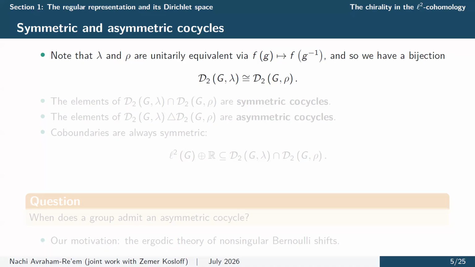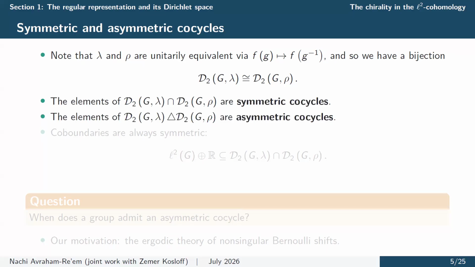Let me just say some new terminology. Let me call the elements which are both cocycles for the left and for the right symmetric cocycles. Either I translate them from the left or I translate them from the right, comparing them with the original function is square summable. And the elements which lie only in one of these spaces, maybe in the left but not in the right, or in the right but not in the left, I call asymmetric cocycles. Maybe they do not exist, or exist.